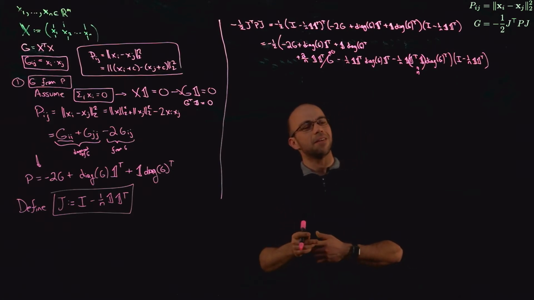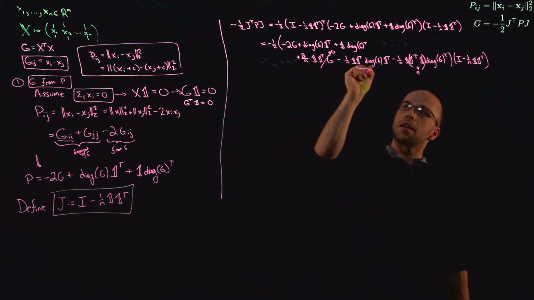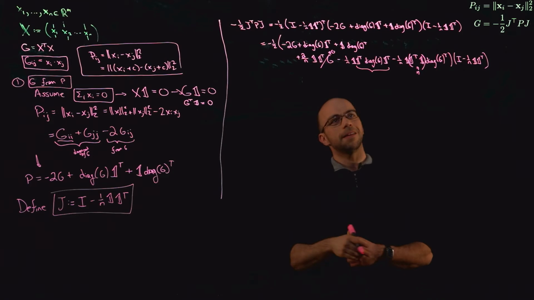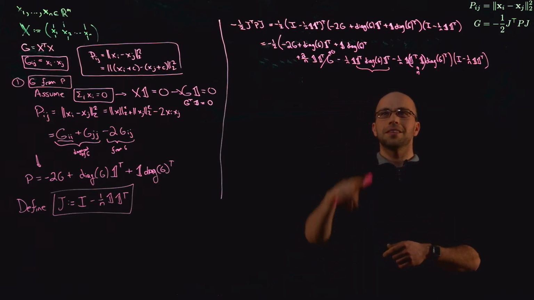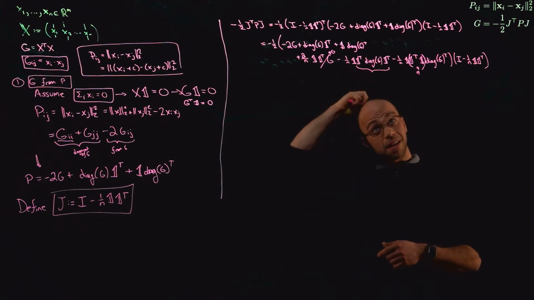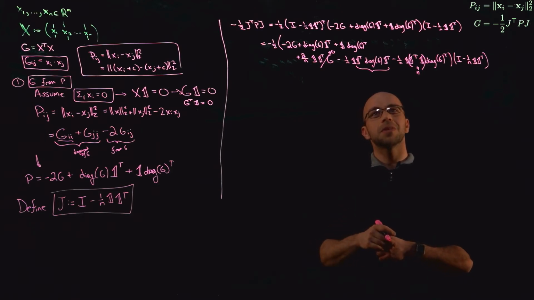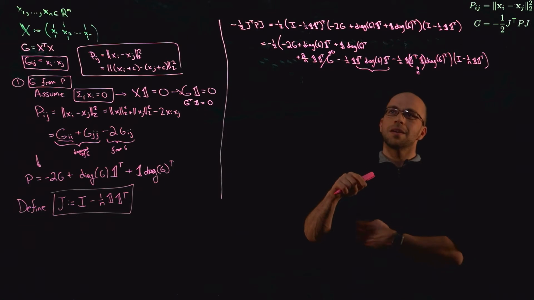Okay, what else can we do? Well, let's look at this expression. If you think about it, we have the diagonal of g. Well, can we do much with that? Yeah, we can.